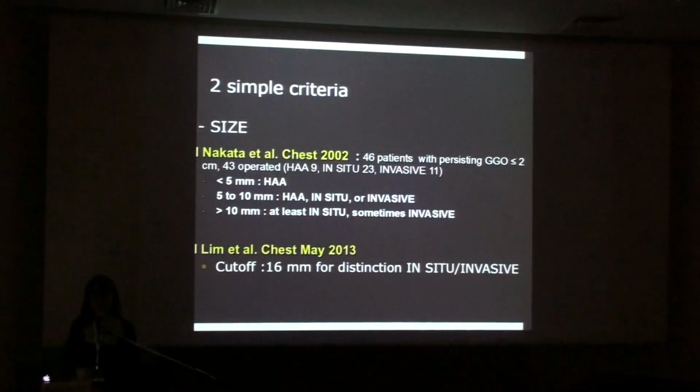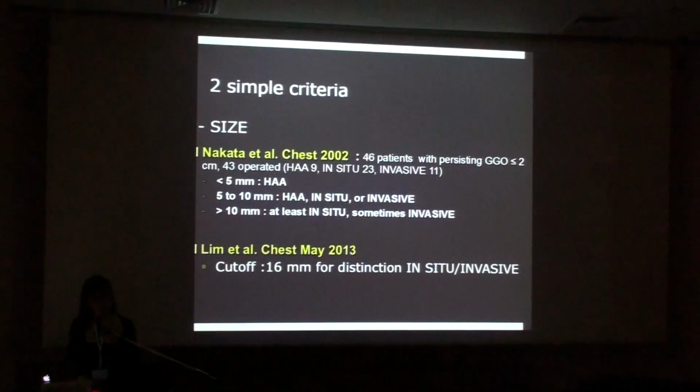And to distinguish between these different entities, there are 2 very simple criteria. The first one is the size of the nodule, and I will comment on these 2 very important papers. The first one is from Dr. Nakata. It's an old paper, but very useful, I think.